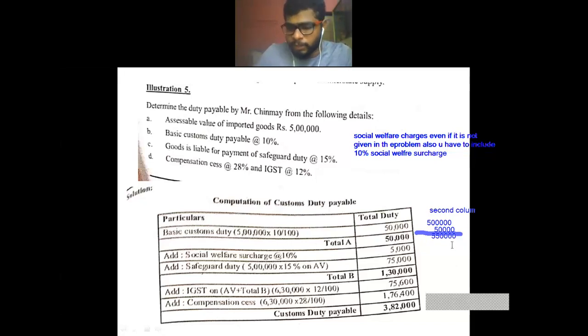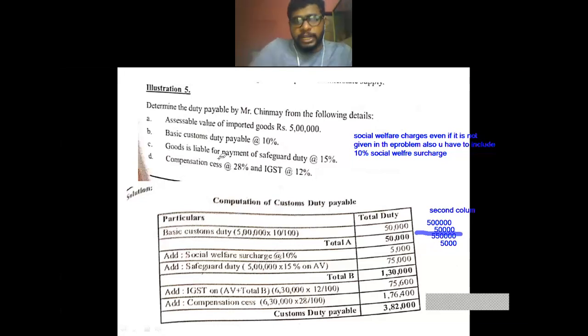Therefore it is 5,000 rupees. Social welfare charge is 10%, that is 5,000 rupees on this total, that is tax amount.